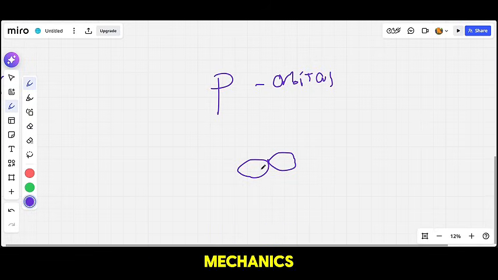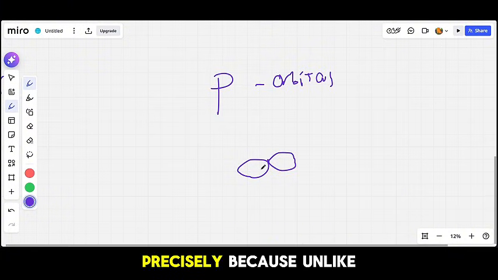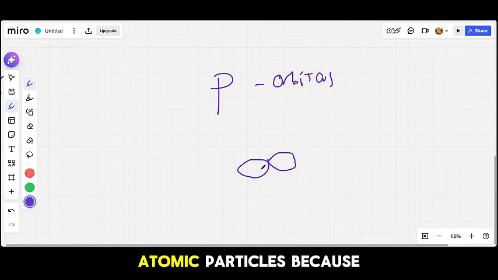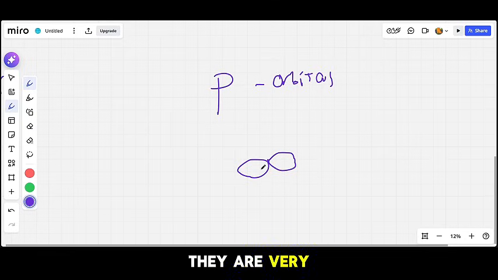Because in quantum mechanics, when you are dealing with very small things, you can't accurately predict where a certain atomic particle is precisely. Unlike big objects, atomic particles are very jittery.